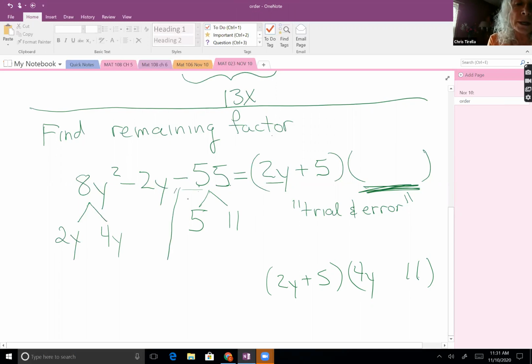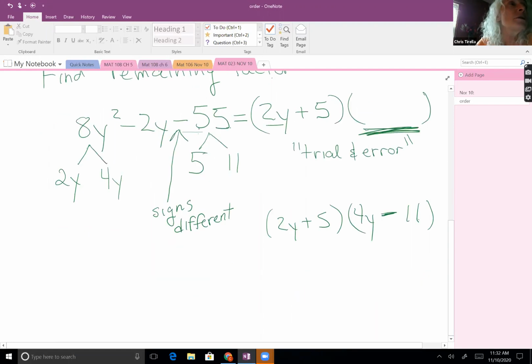And then knowing that it has to be negative tells me that my two signs have to be different. And so if the first one's a plus, the second one has to be a minus. And so you see, if we know one of the factors, it's usually easy to work backwards, looking again at the first and the last to find the other. But again, it's really important that we do our check.